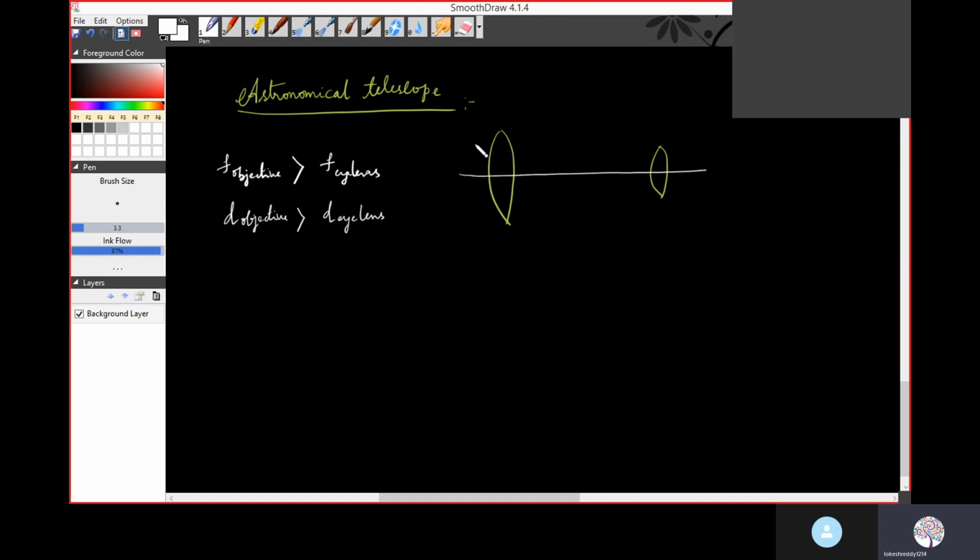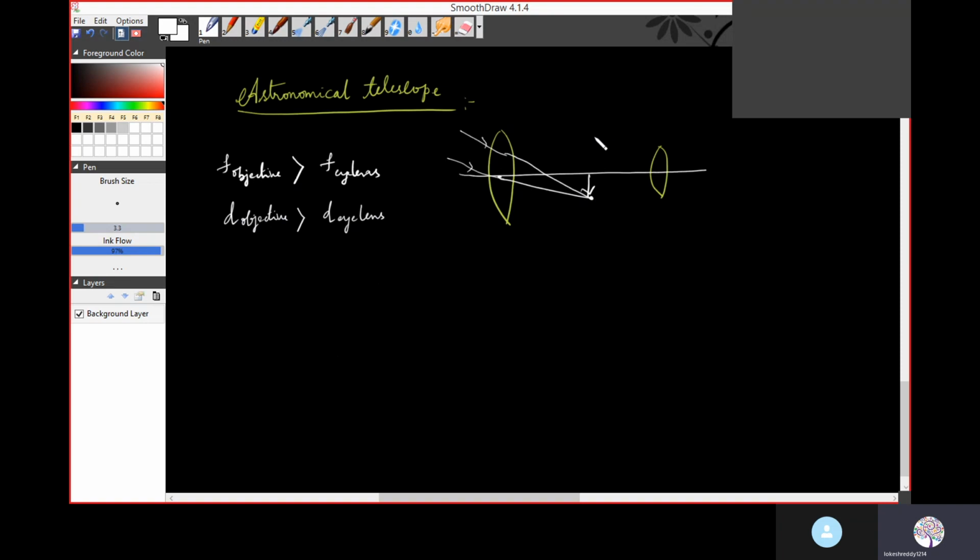Now here you will get rays from infinity, as the object is at infinity, so you will get rays like this. When it is passing through the optic center, it comes like this, so it has to bend slightly, and then it is here. This is the image.